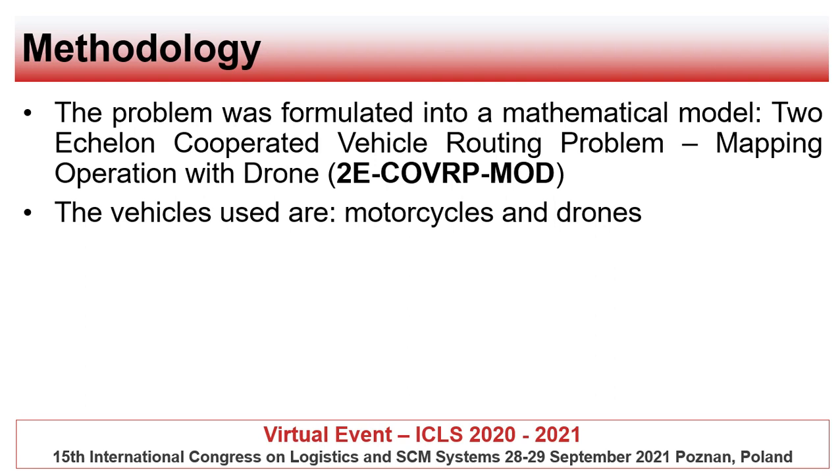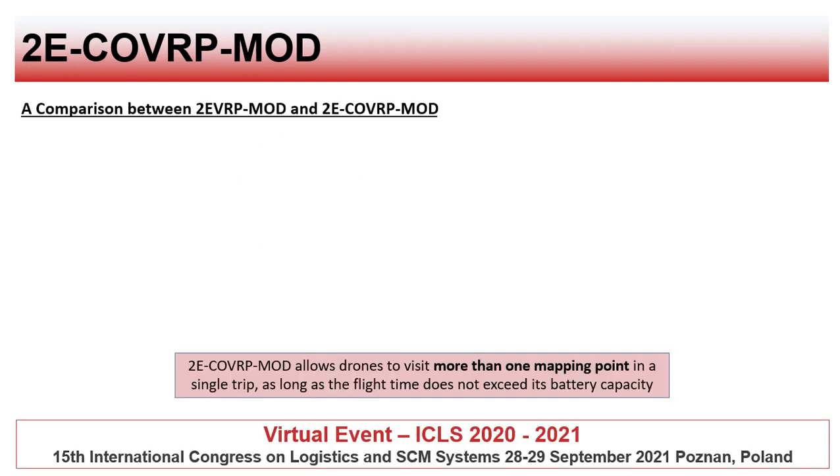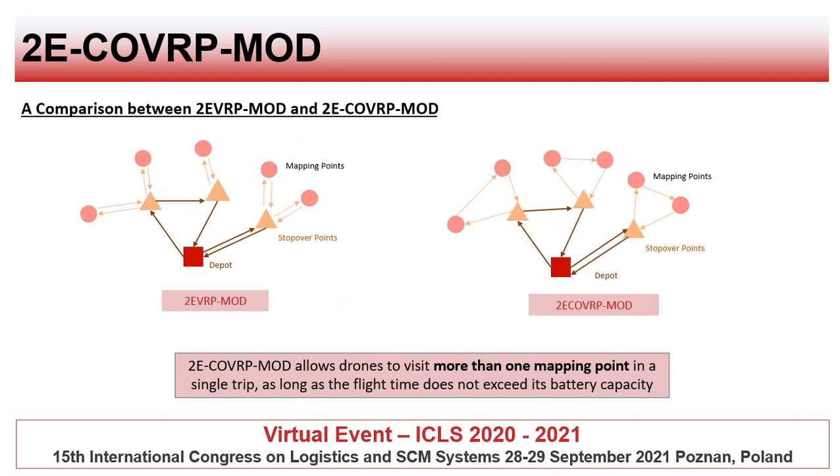So basically we use motorcycle and drone, and for the collaboration, we extend from our previous research, in which we simplified the model into the first echelon as a routing problem, and the second echelon as an assignment problem.